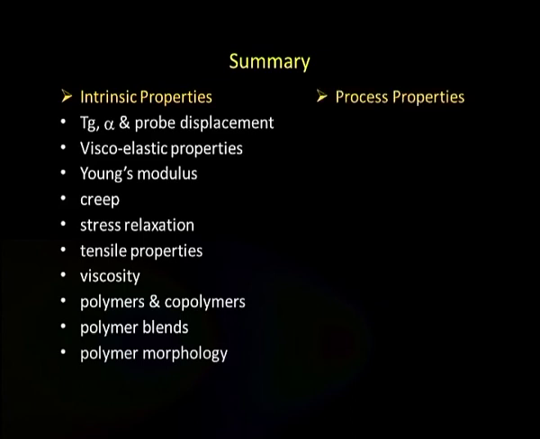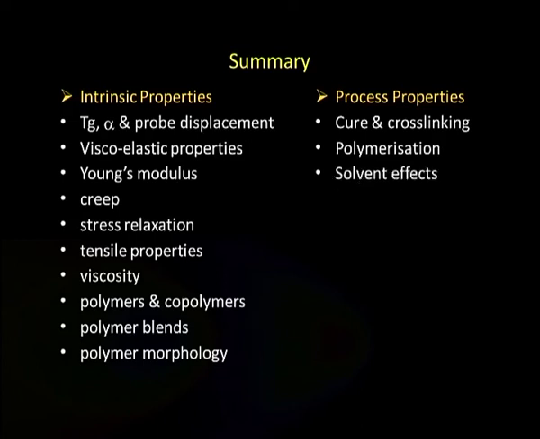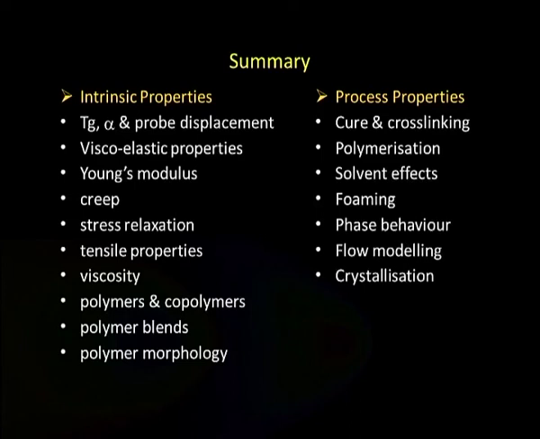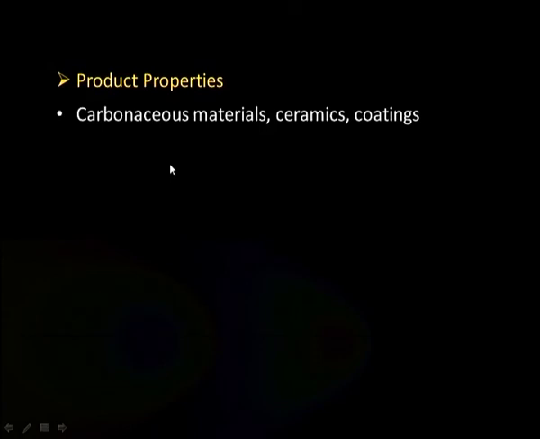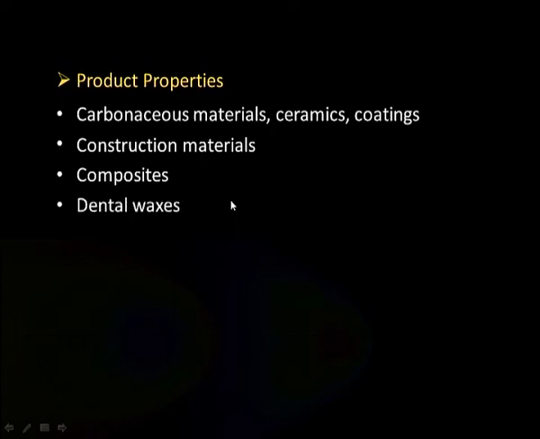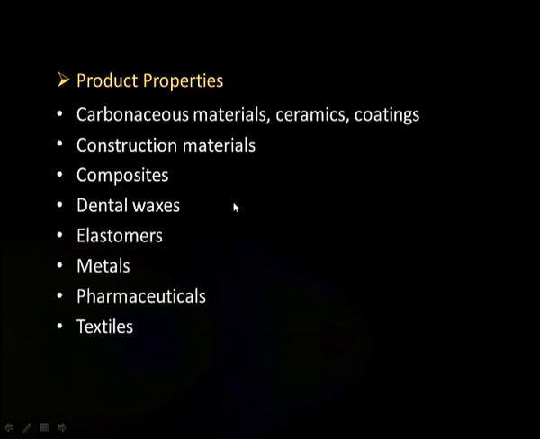In process properties, we use this technique for cure and cross linking, polymerization, solvent effects, foaming, phase behavior, flow modeling, crystallization, drawing effects, viscosity, mold stability, and in product properties we use it for carbonaceous materials, ceramics and coatings, construction material, composites, dental waxes, elastomers, metals, pharmaceuticals, textile, plastics.